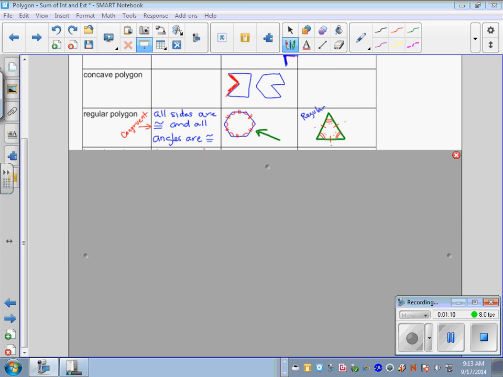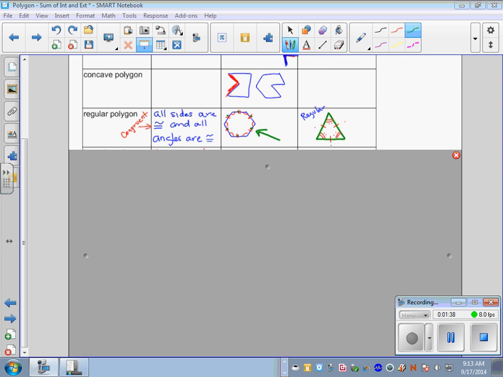Regular polygons are simply polygons where all the sides and all the angles are congruent. Now, I'm not saying that sides are congruent to the angles. That's impossible. Sides and angles can't be congruent to each other. They're two different kinds of shapes, but the sides are all congruent. So if you look at my little green arrow there, it's pointing to a regular polygon, and in this case there's 1, 2, 3, 4, 5, 6 sides, so that's a hexagon.